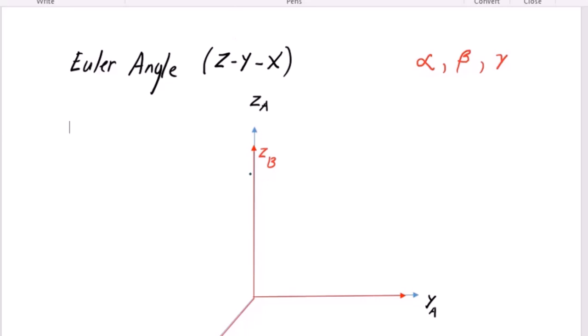Since we begin with the rotation about the z-axis, this is about ZB. I need to avoid lots of text here because many graphs are involved, so I will erase this and just put here rotation alpha.